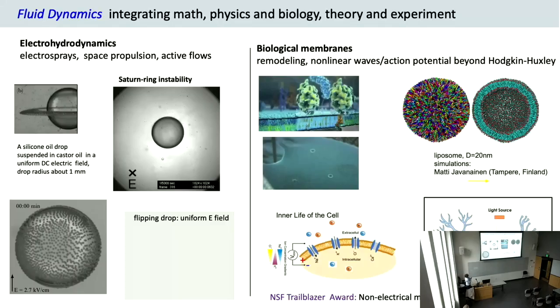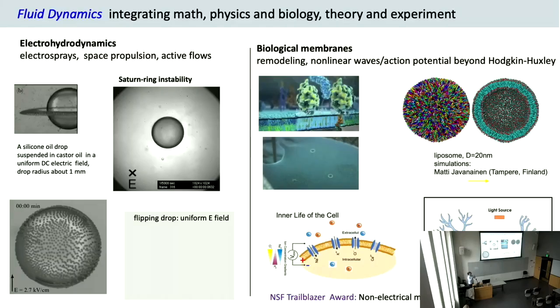Another part that we are very interested in is stabilities and pattern formation, in particular electric field induced instabilities. This is just one video of what's coming out from our lab. I direct the applied math lab at Northwestern, where we're looking at a droplet in an electric field, and we're looking along the field direction.